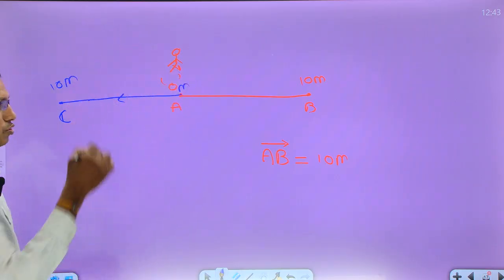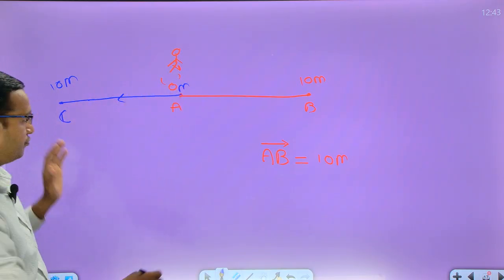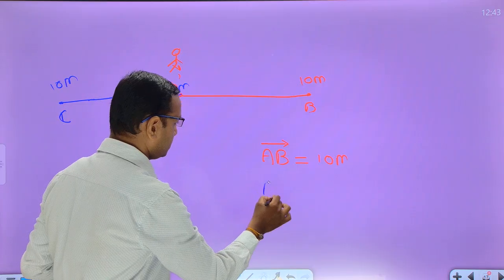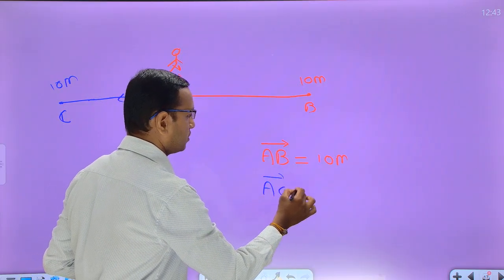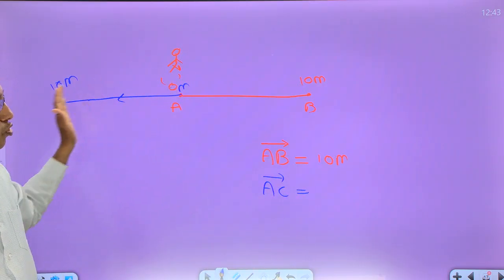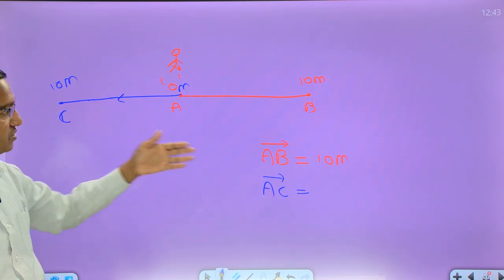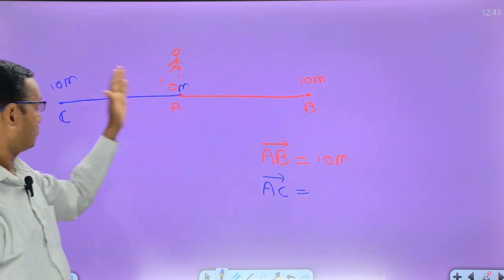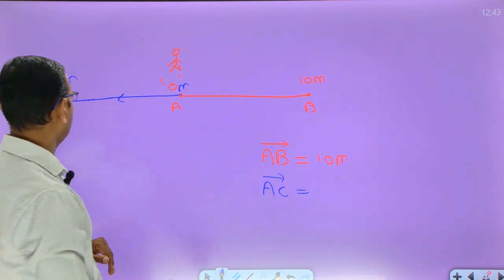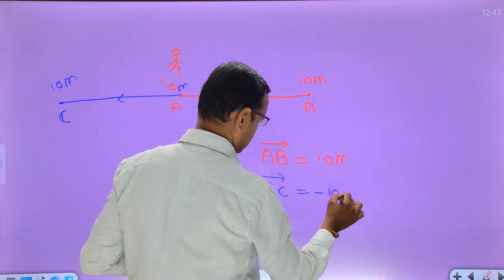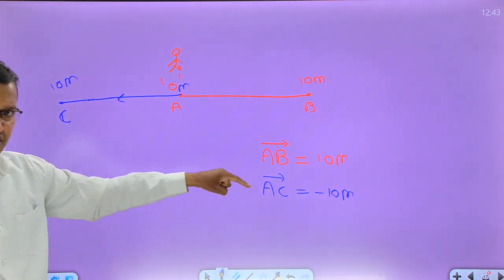Now, this AC bar I don't call 10 meters; if I did, there would be no difference between this and this. So I'll call AC bar minus 10 meters. Why did the minus come?